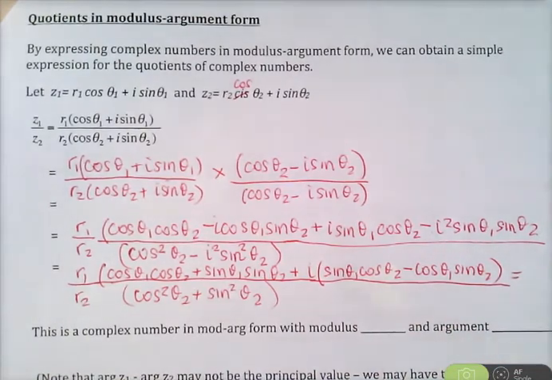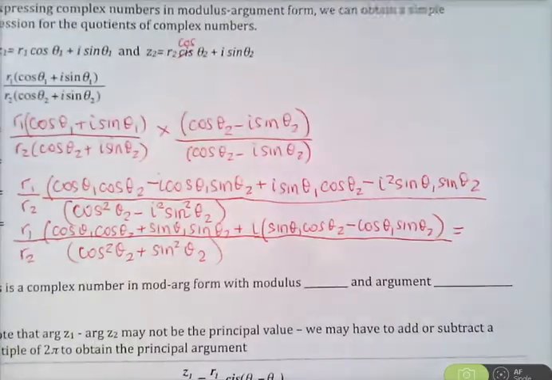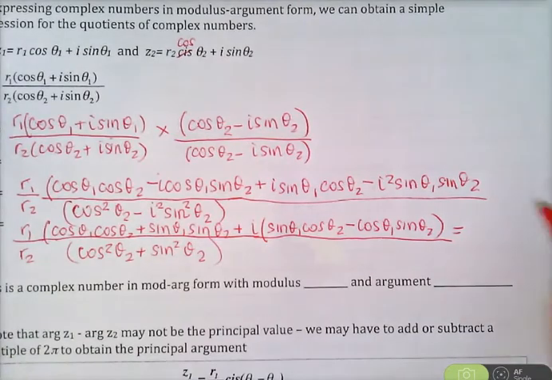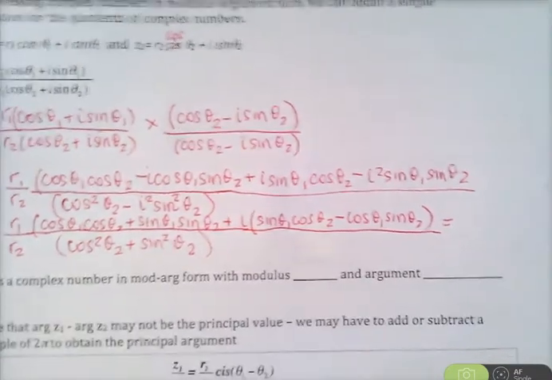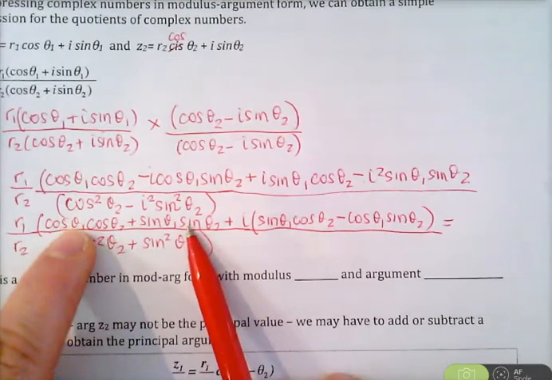Now, looking at our extension 1 results with sums and differences of angles, this is the difference for cos.